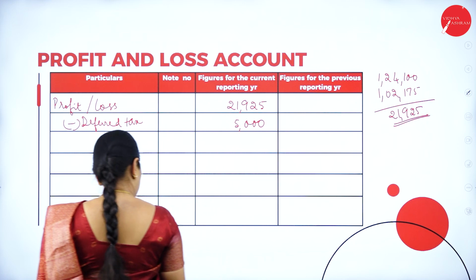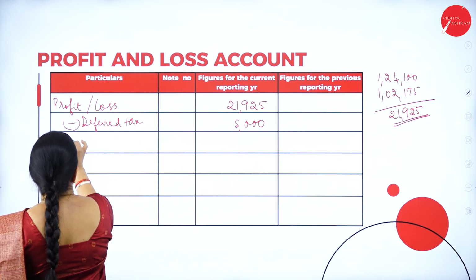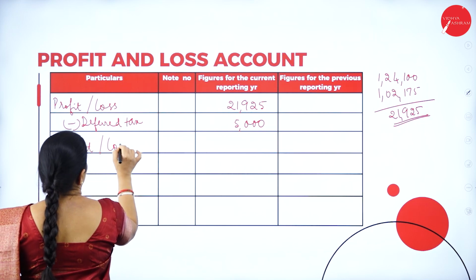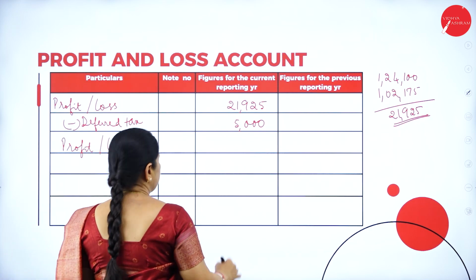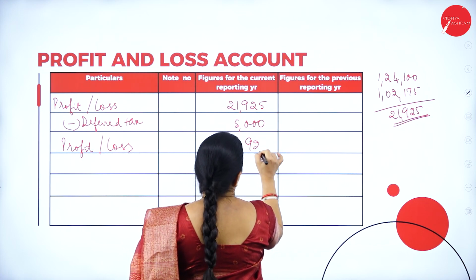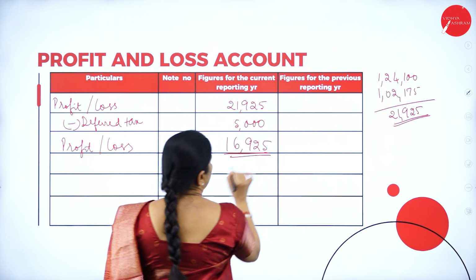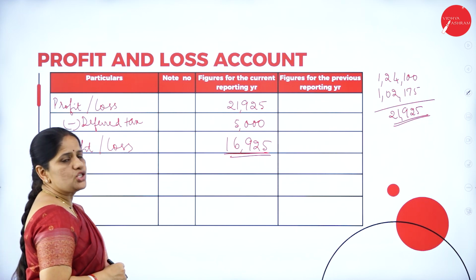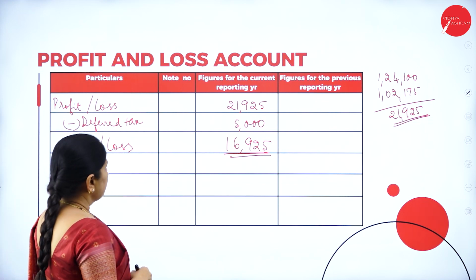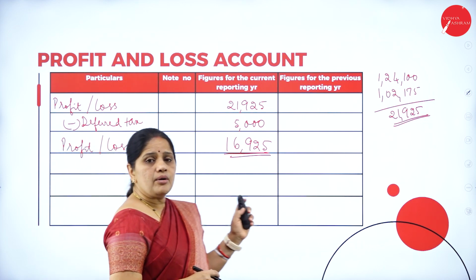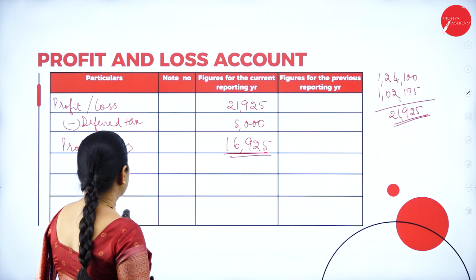So profit from operations will be equal to 16,925 rupees. So this is the profit which is available for the shareholders. So here we have to calculate the profit and loss account in this manner.